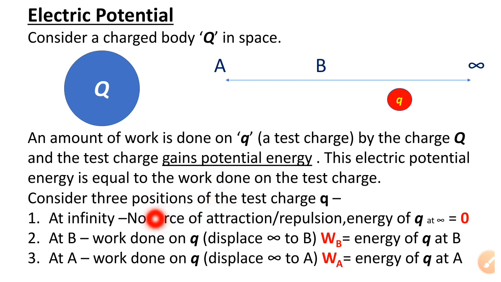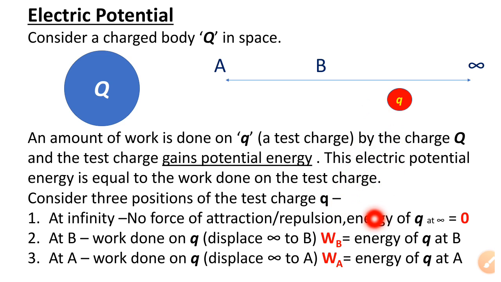So work is done on this test charge q. The work done can be written as WB, and this amount of work done is gained as energy by the test charge q.